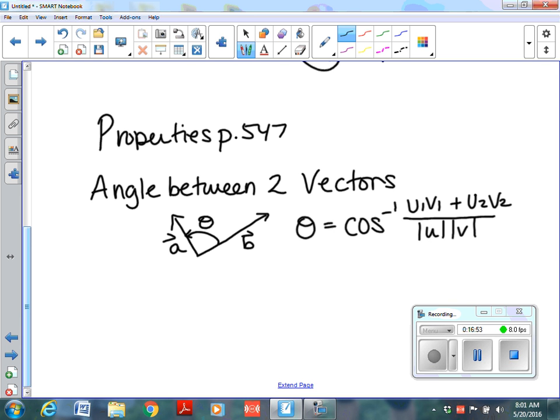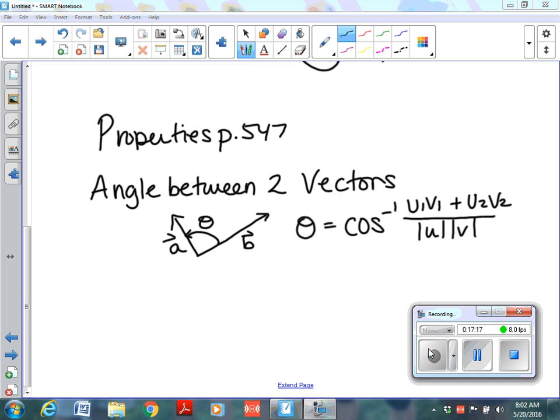Whatever the vector, you just take u1 times b1 plus u2 times b2. I'm trying to see if I can find an example here if I did one. I'm just going to pause this and look to see if I can find an example for you.